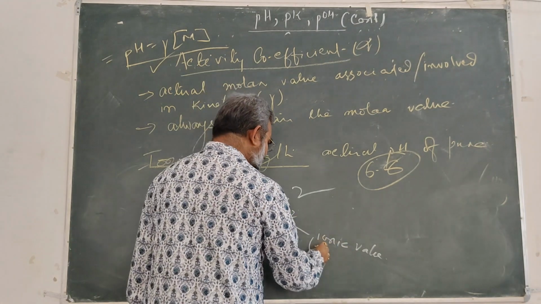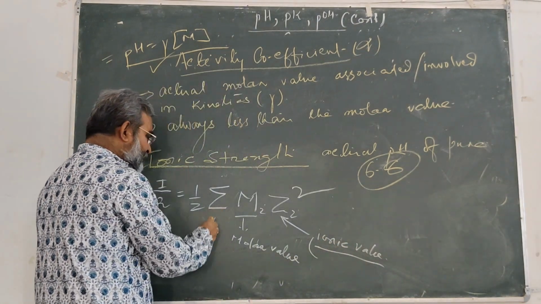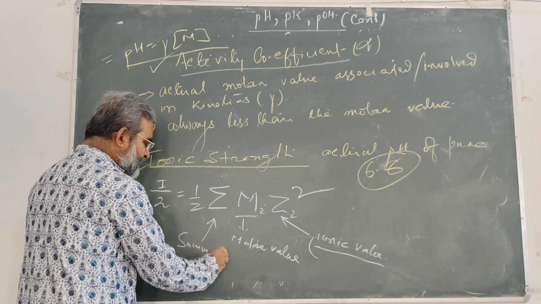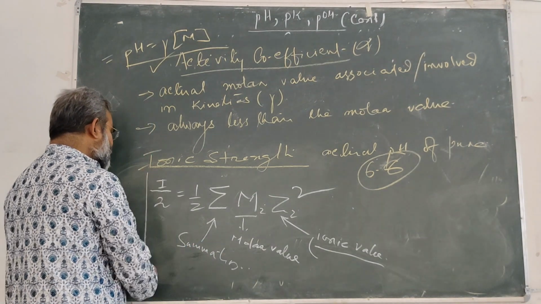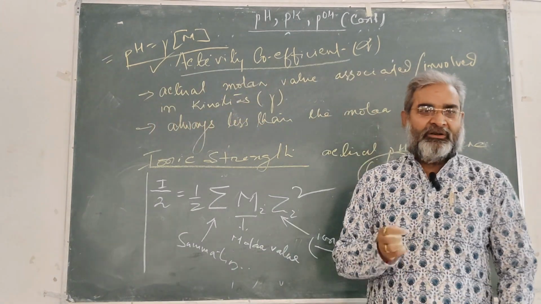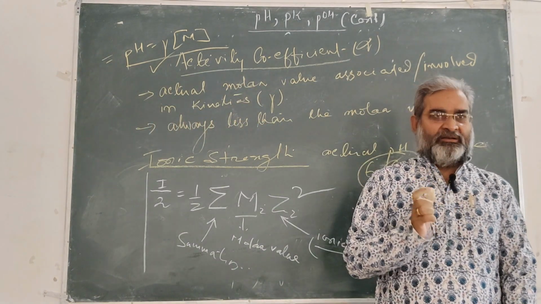That is the ionic value. And it represents the summation. In this way we calculate the ionic strength. Clear?